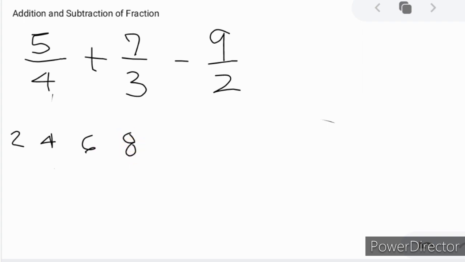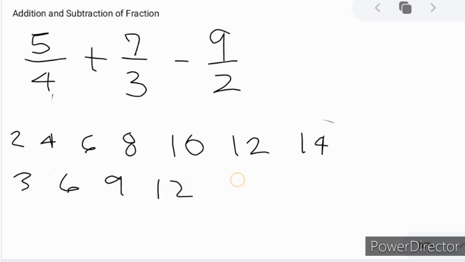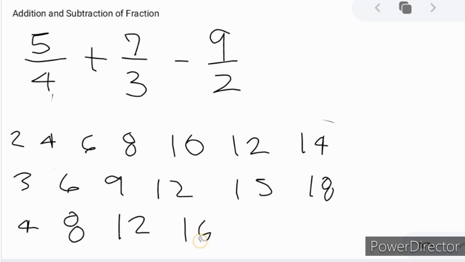So for 2, the multiples are 2, 4, 6, 8, 10, 12, 14, and so on. For 3, we have 3, 6, 9, 12, 15, 18, and so on. And the multiples of 4 are 4, 8, 12, 16, 20.